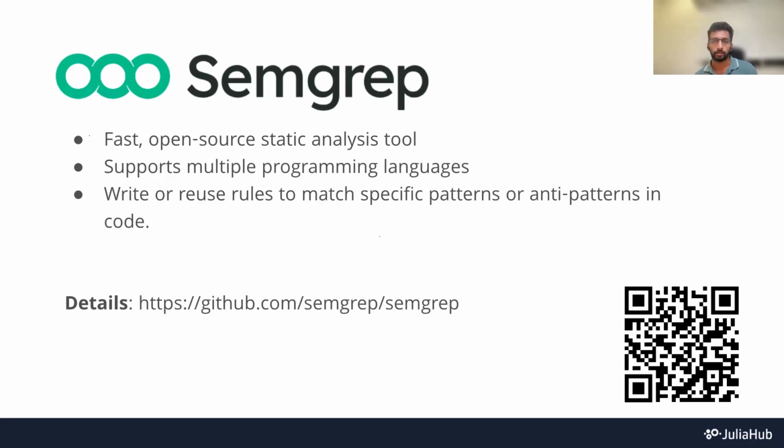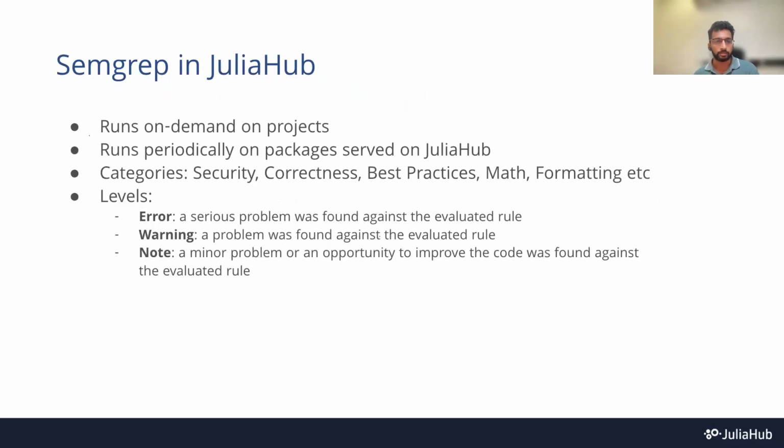Most importantly, it allows us to custom write and reuse rules to find specific patterns and anti-patterns in the code by operating at a syntactic level, which helps it get much better insight than doing just textual analysis. Now let's look into how we utilize Semgrep in JuliaHub.